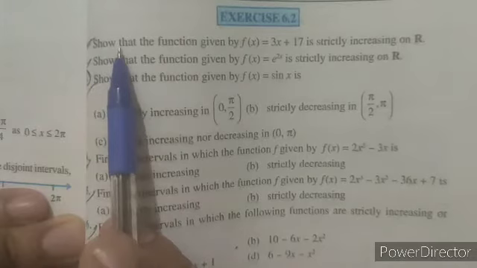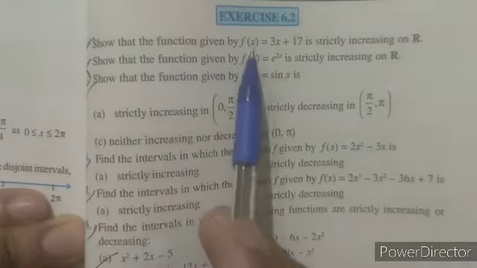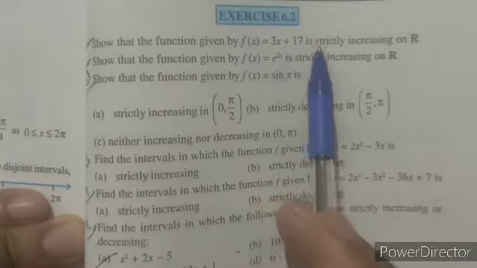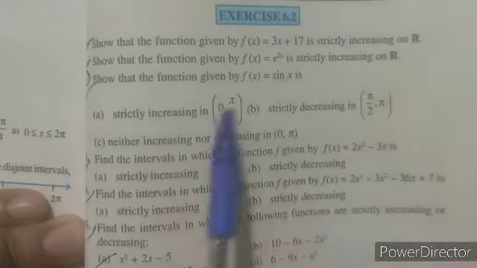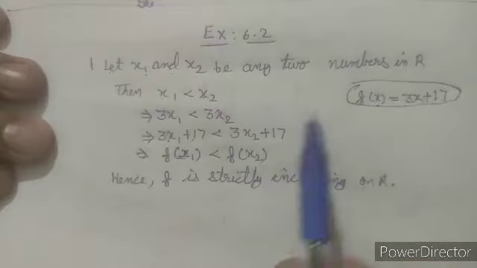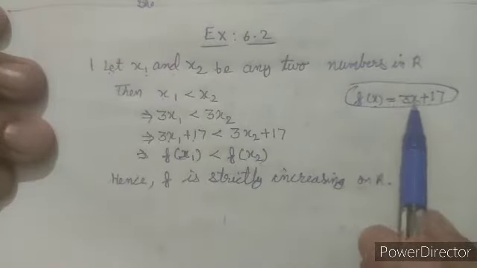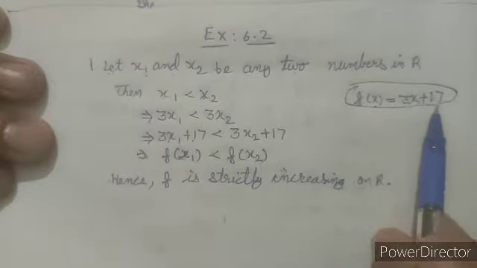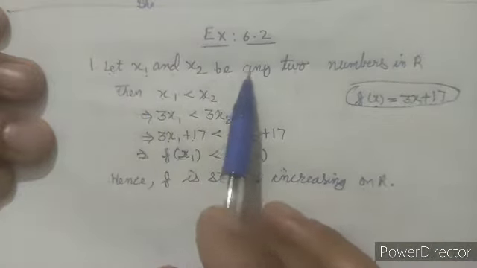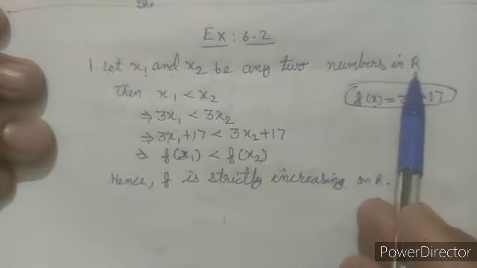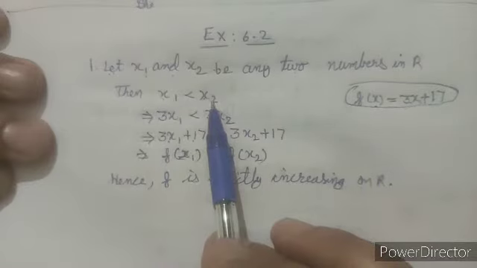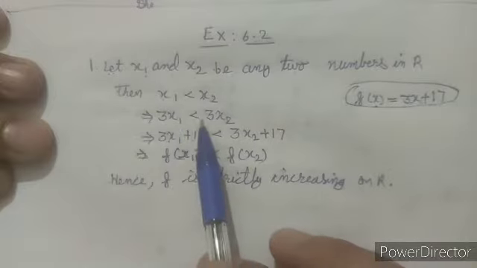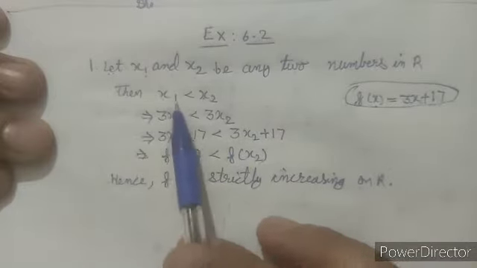In the first question, show that the function given by f(x) equal to 3x plus 17 is strictly increasing on R. That means on real numbers. Now function f(x) is equal to 3x plus 17 is given to us. Let x1 and x2 be any two numbers in R. Then x1 will be less than x2. And if x1 is less than x2, then 3x1 will be less than 3x2 on multiplying both sides by 3.